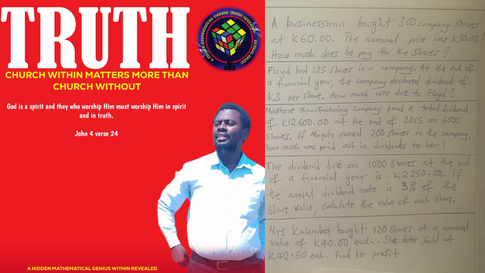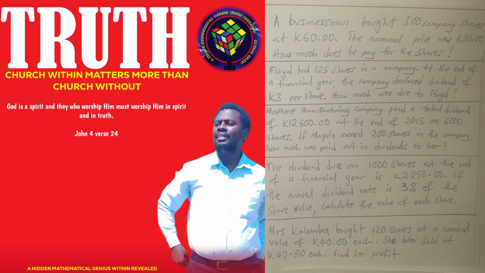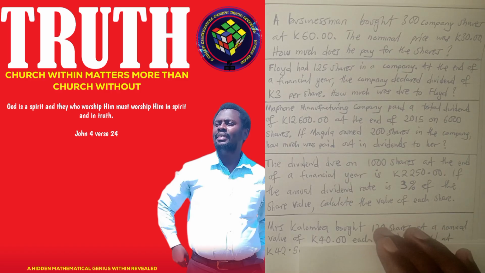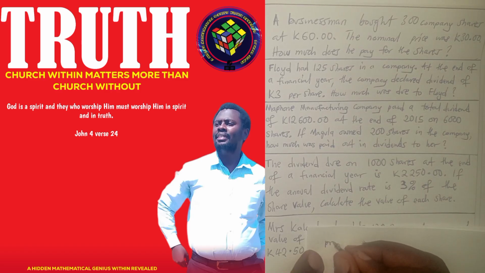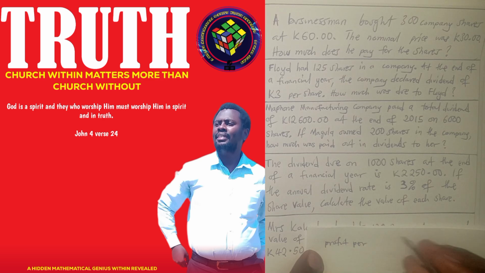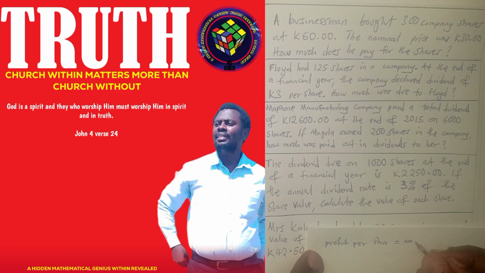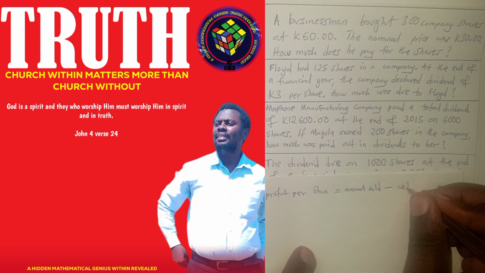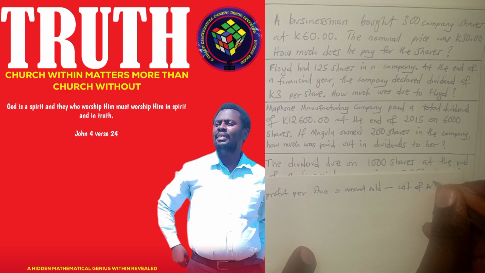So here you can just find the difference of cost of sales minus cost price. Okay, so profit per share is equal to amount sold minus cost of sale.